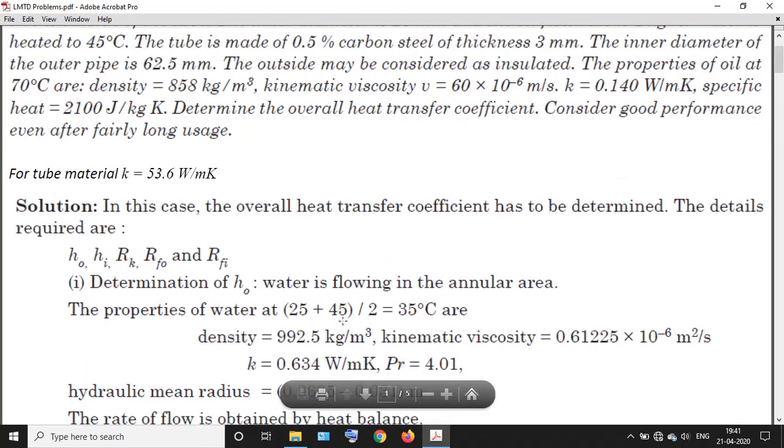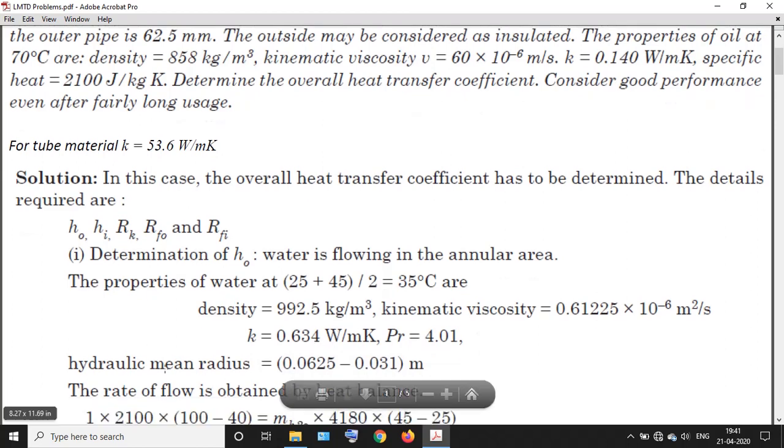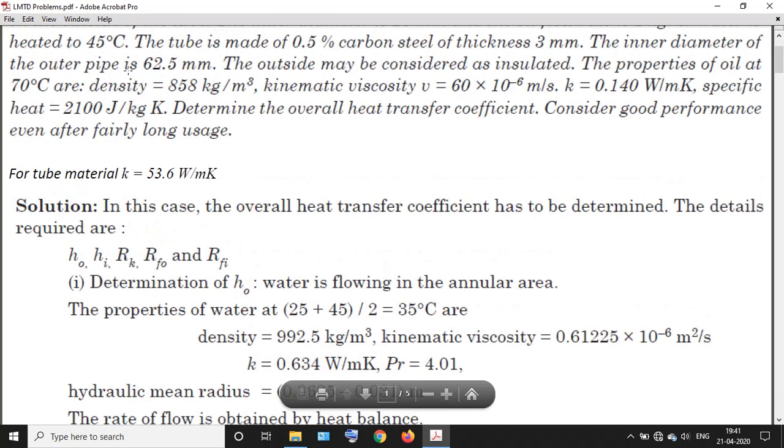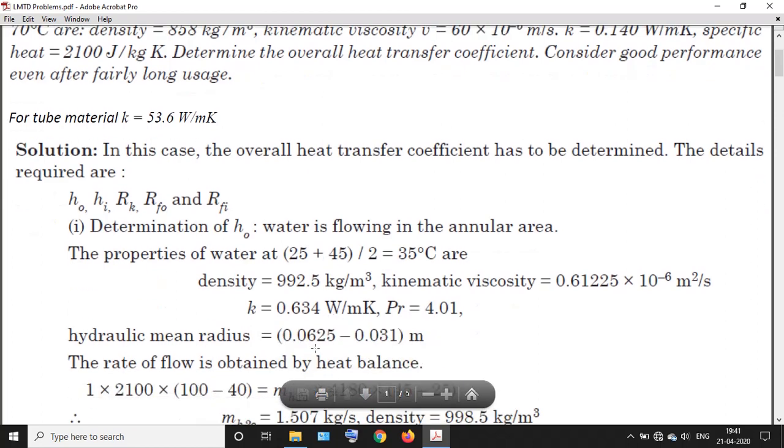Okay, now since it is an annular or a concentric tube, we need to find out the hydraulic mean radius. Okay, so the outer pipe, the diameter is given as 62.5 mm, which translates to 0.0625 meter. Okay, now this is the outer diameter of the concentric pipe.